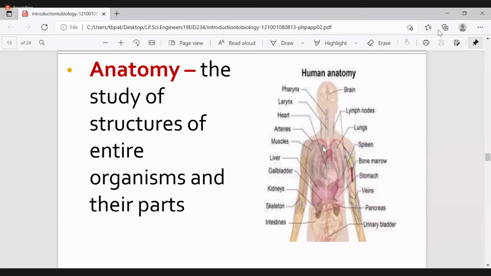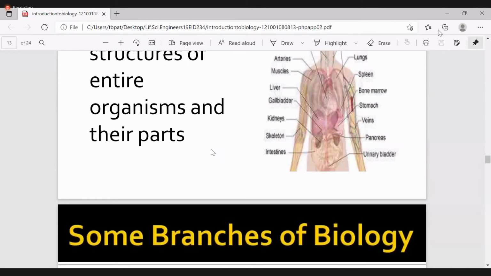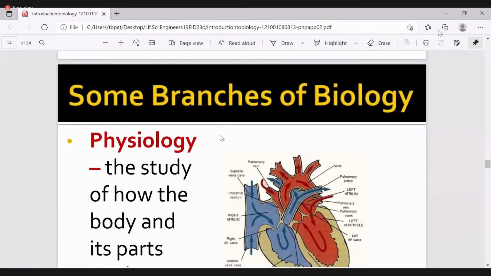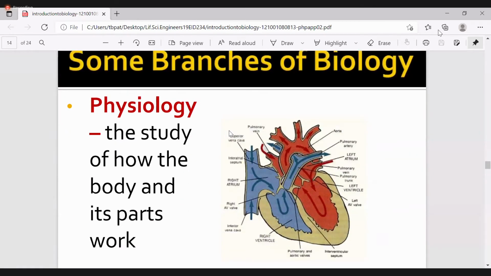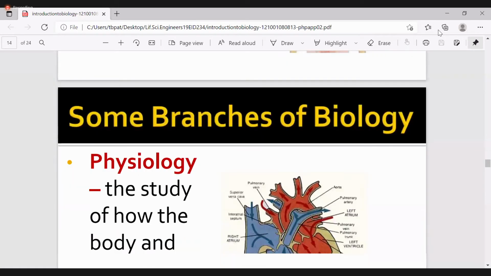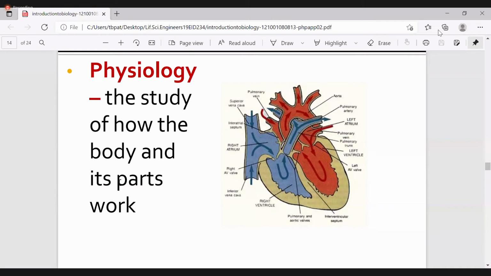It's all the parts, their study and structure and their functions. Physiology is different from anatomy. Physiology is the study of how the body and its parts work.